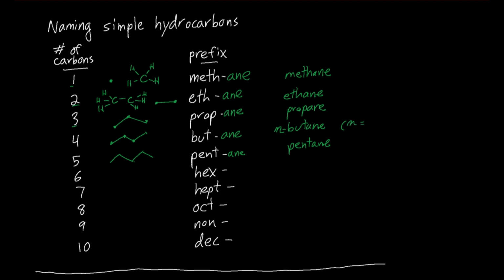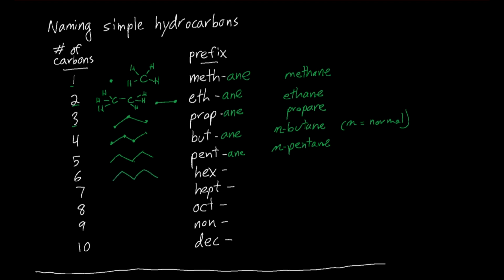N equals normal. It actually does mean that. So, in butane and pentane, normal, quote unquote, is referring to what's normal, a straight chain. Remember, some of this goes back to the very first discoveries of molecules.